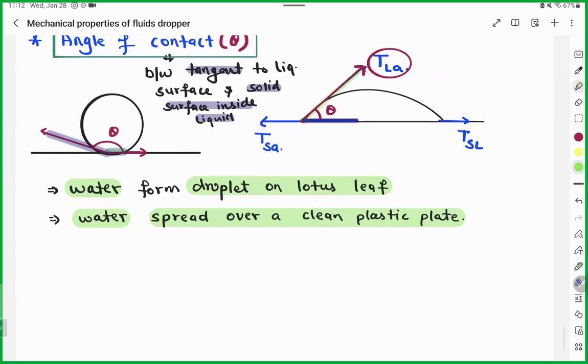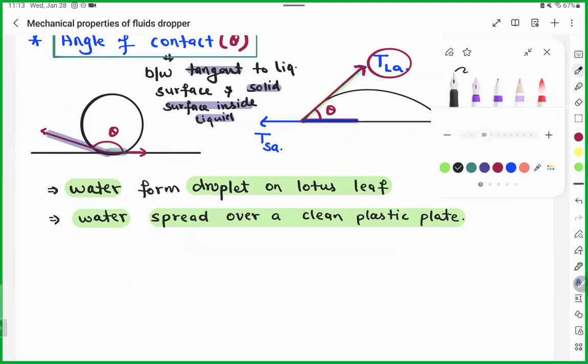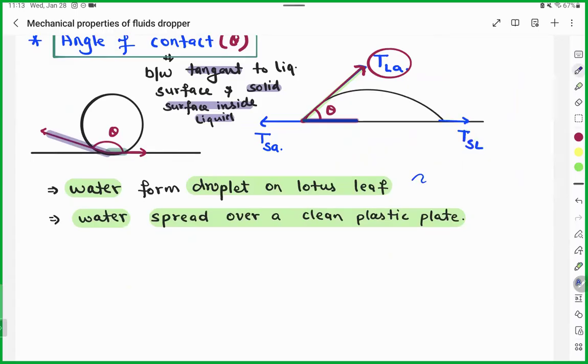For example, when you see water form droplets on a lotus leaf, you will see that this angle of contact is obtuse. But in the case of plastic, when it spreads, then theta will be acute.